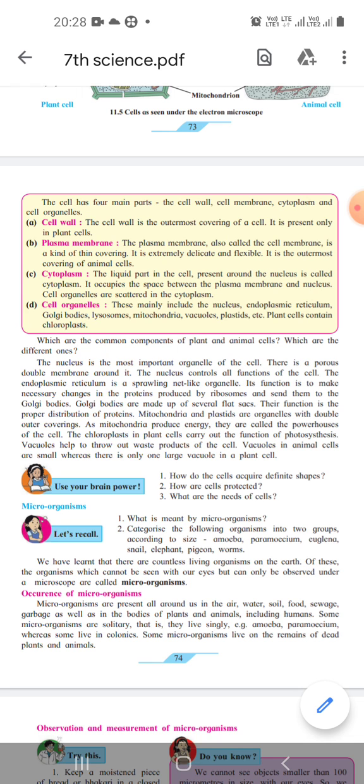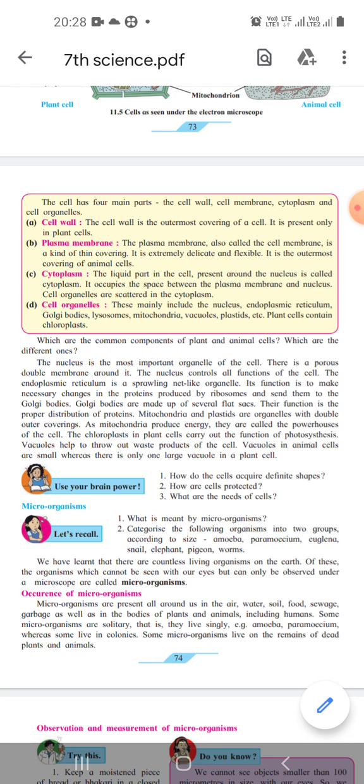Now we are going to start learning the same lesson number 11, microorganisms. Now what is meant by microorganisms? Already we know they are the smallest minute particles which are present everywhere. They are present in water, in soil, in animal bodies, and also in our body.